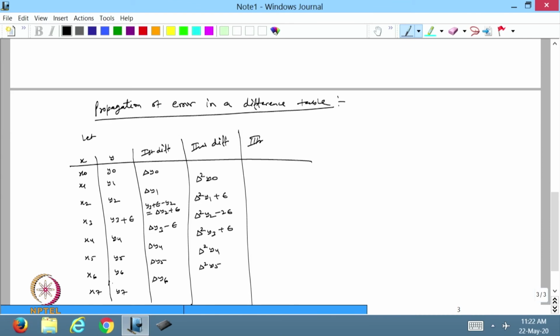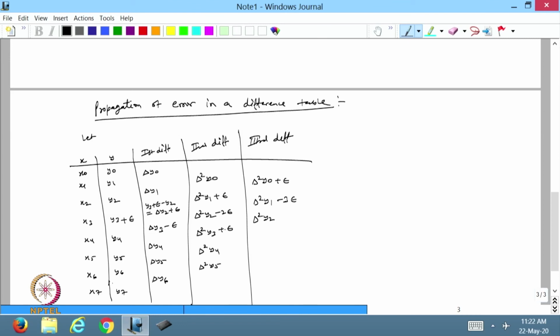I take the third difference. So, in the third difference, this minus this. So, it will be del square y naught plus epsilon. This minus this will be del square y 1 minus 3 epsilon.